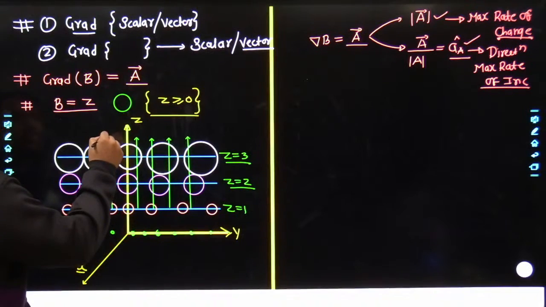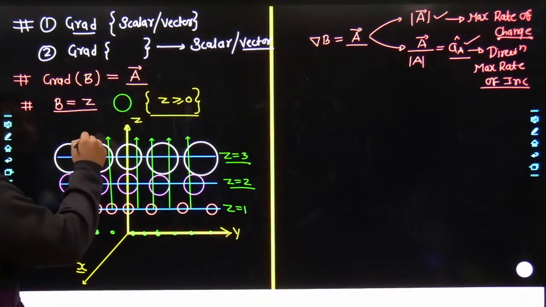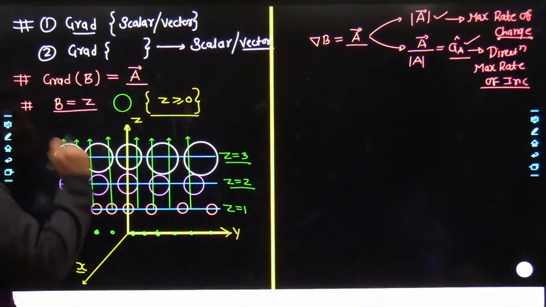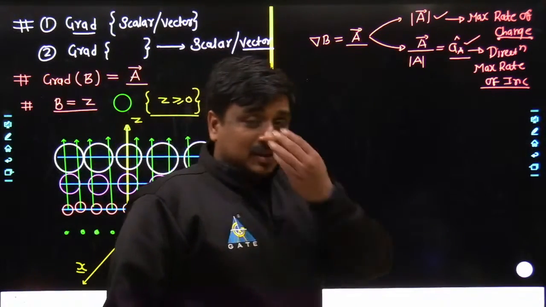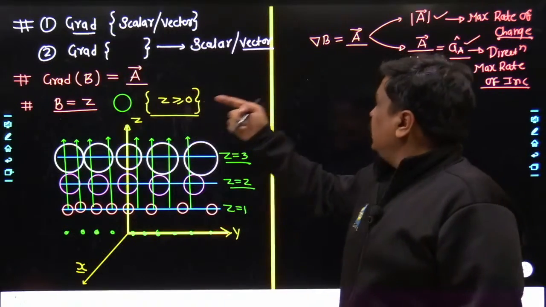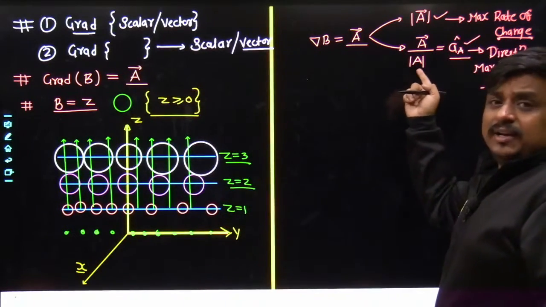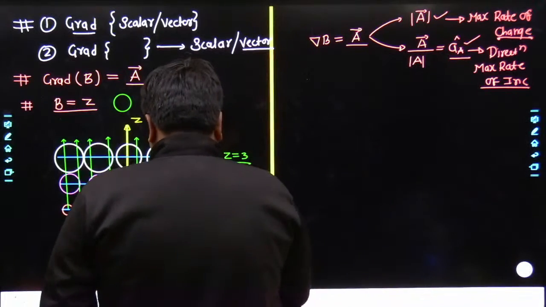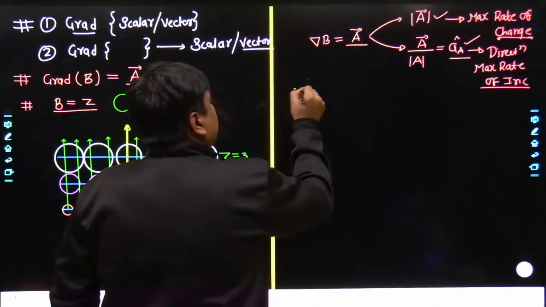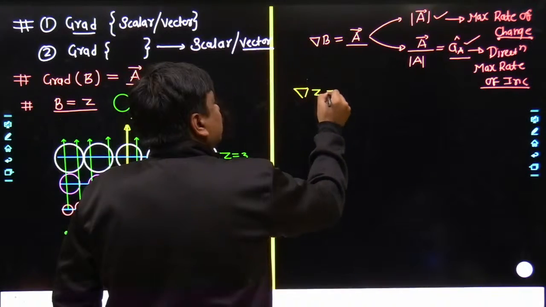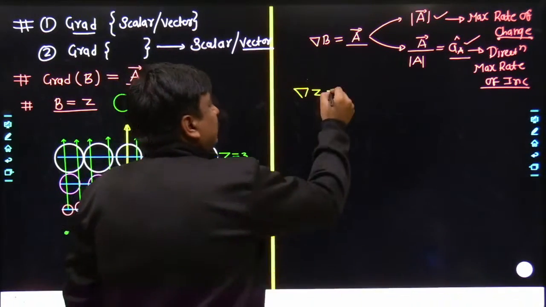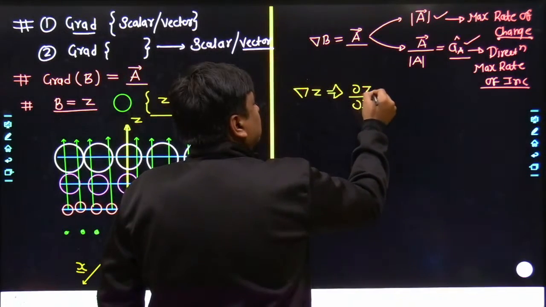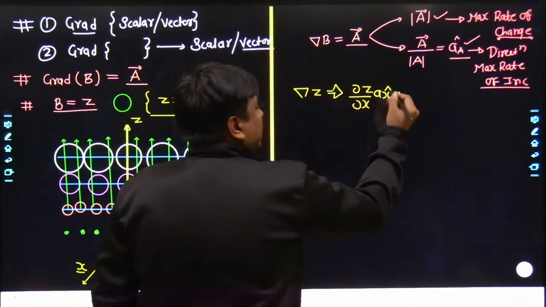That means if you calculate the gradient of the scalar field Z, and then get the direction of the gradient, you will find the value is going to be plus az cap. You can calculate it by yourself. The gradient has to be calculated for the scalar field which is simply equal to Z. How do we calculate this? The scalar field is differentiated with respect to x, and this becomes the component in the direction of x.